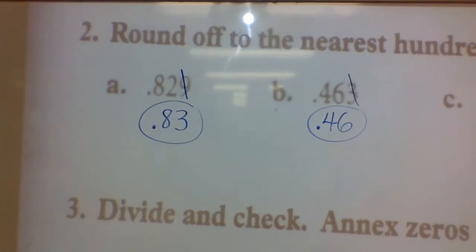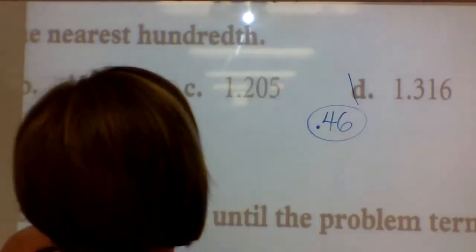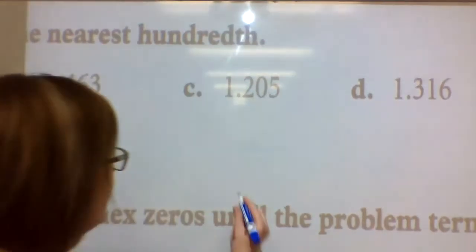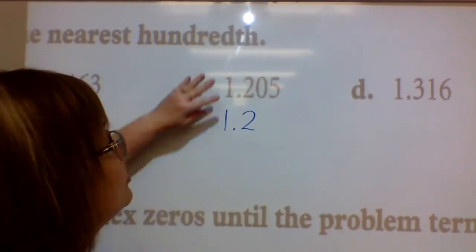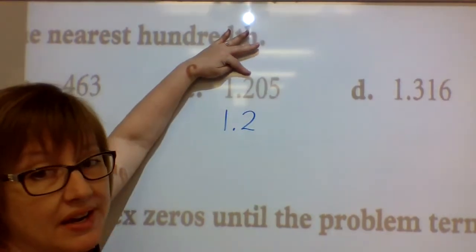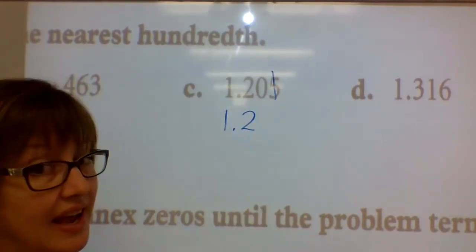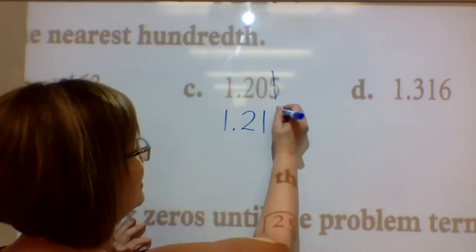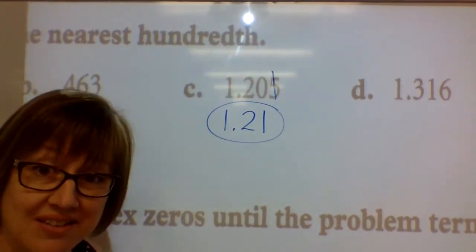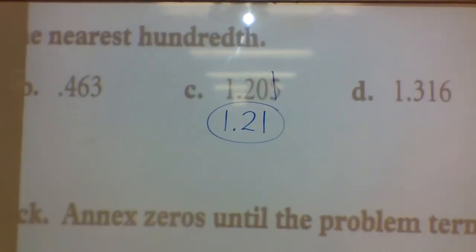I'll do C, and then again, you guys will do D and E on your own. C has a whole number. The whole number doesn't change a thing. It's just sitting there. It's either going to be 1 and 20 hundredths or 1 and 21 hundredths. The 5 dies, and what does it do? It makes it round up. So it's going to be 1 and 21 hundredths. Do you see? Okay, so you guys do D and E again on your own.